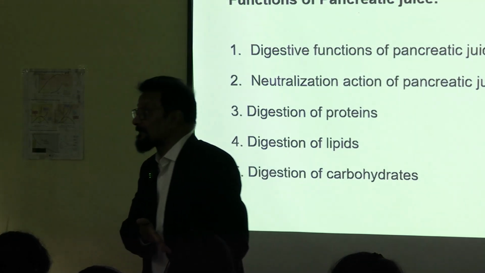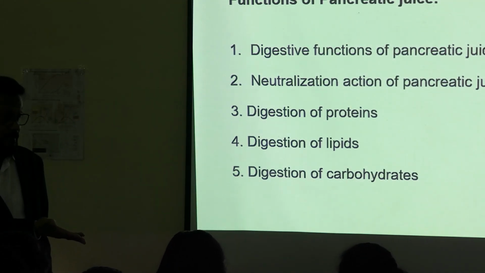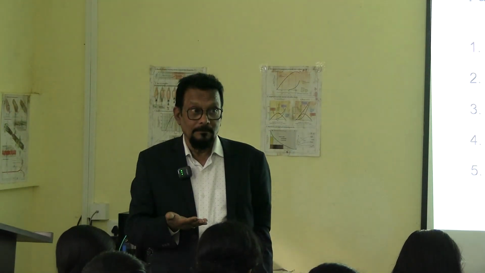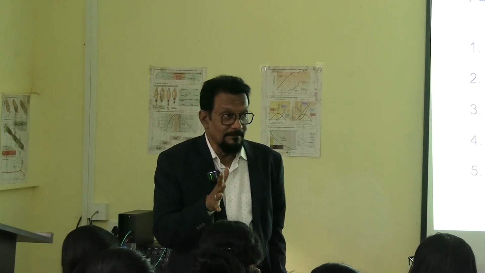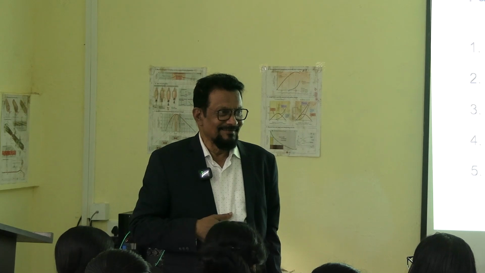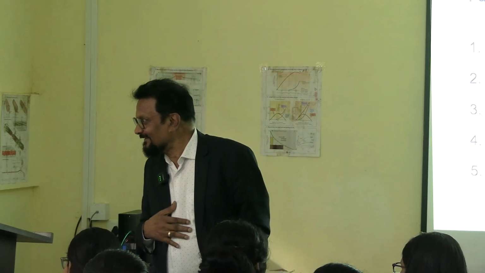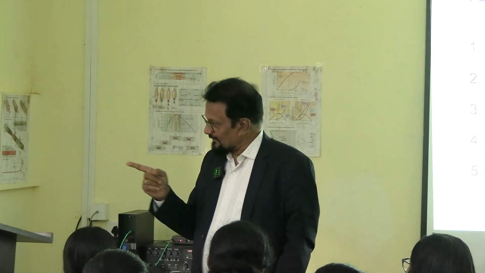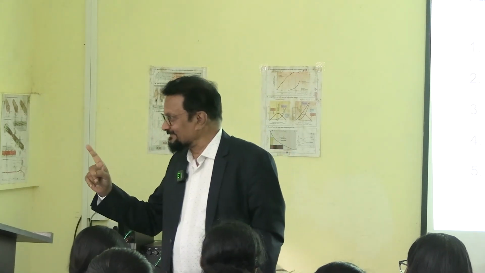She said 7 times, but you told 8 times. How come? How has it been reduced by 1? Can you do it 8 times? Is it possible? There will be 7 times beta oxidation.